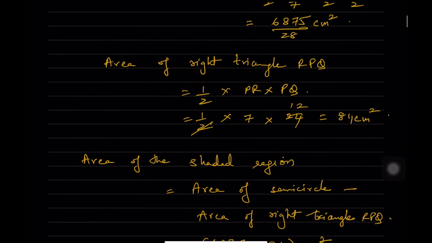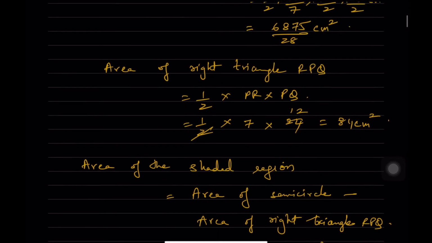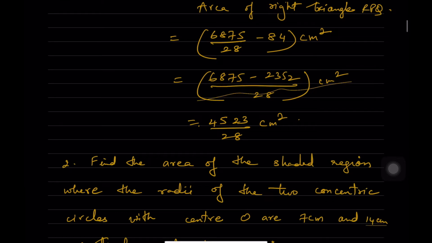So area of the shaded region is equal to area of the semicircle minus area of the right triangle RPQ, which is equal to 6875 by 28 minus 84.